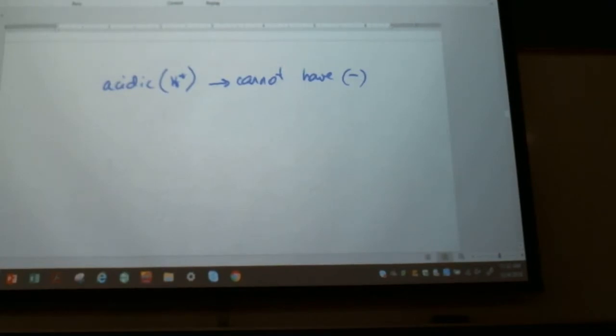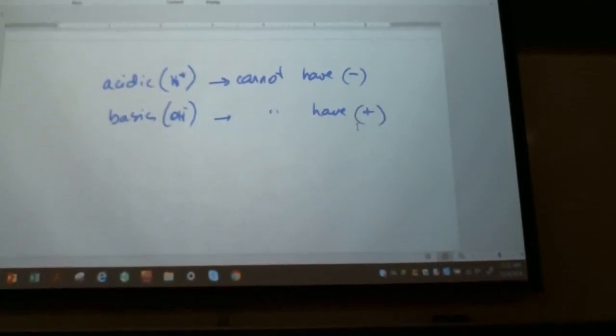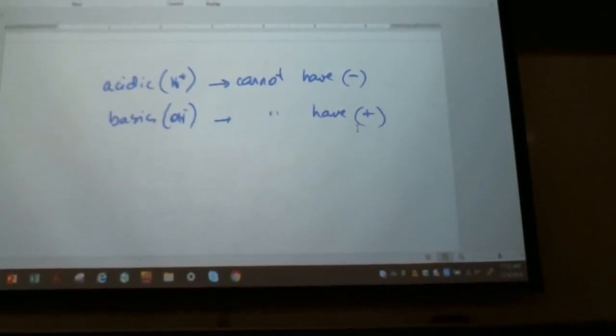If you're under basic conditions, you cannot have positive charges, because it will react. So right off the bat, do not start writing alkoxide ions or something like that. That's ludicrous.